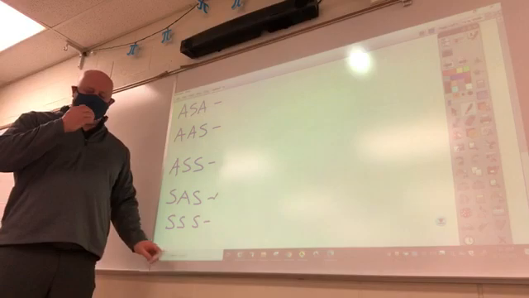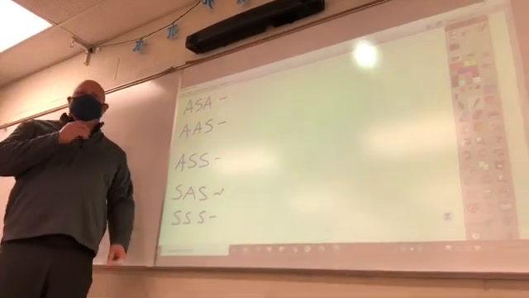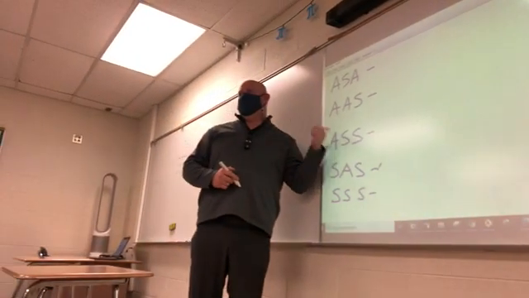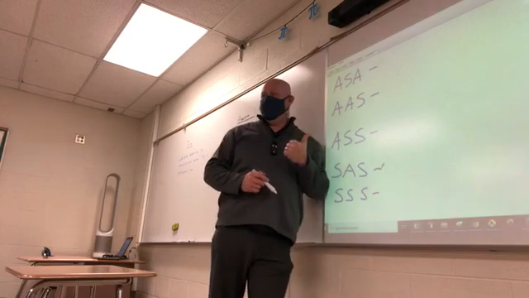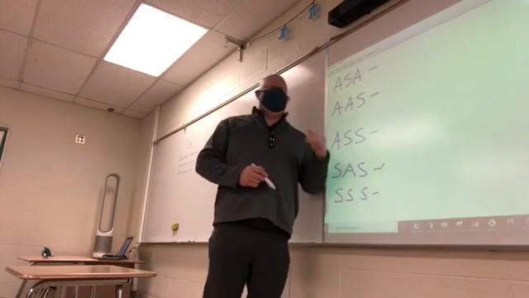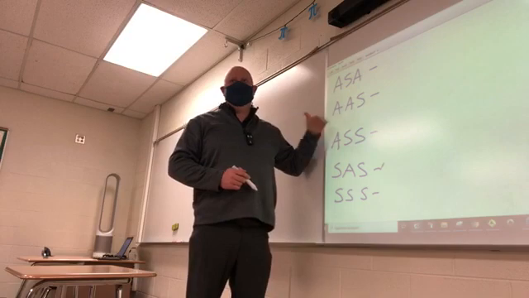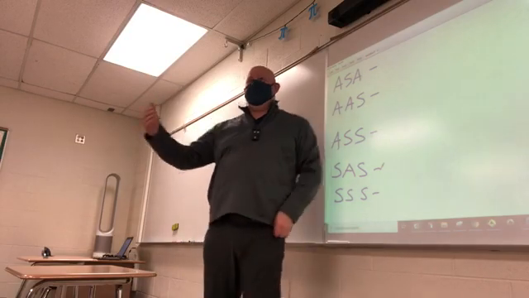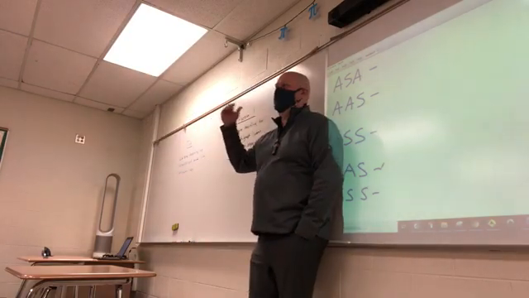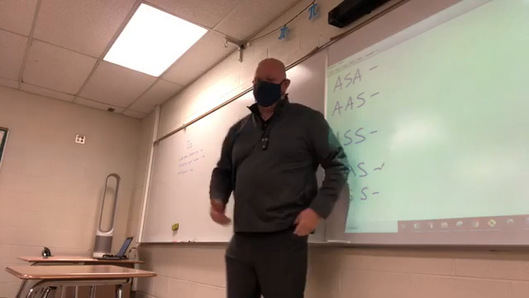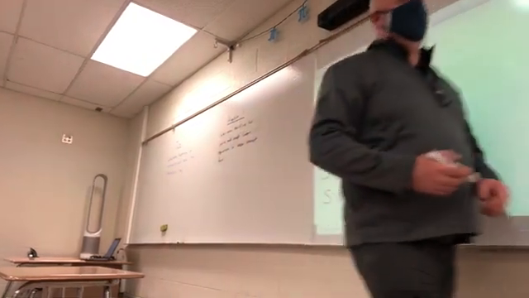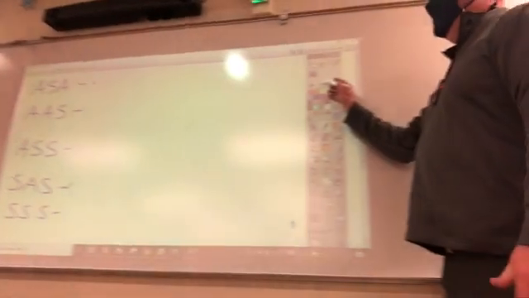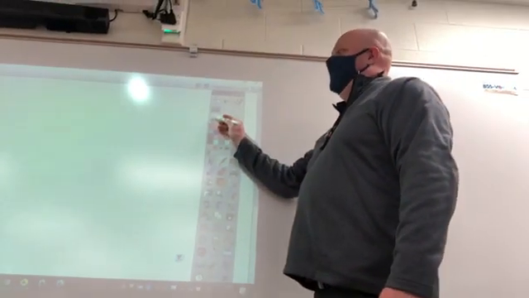So, Friday, we talked about the different cases that you could potentially run into, right? On test day, when you're given a problem, the first thing you're going to be given is 3 pieces of information, just like the problem we just did.